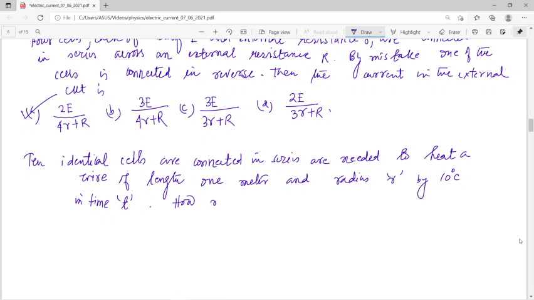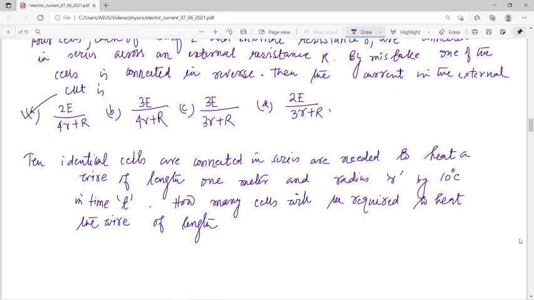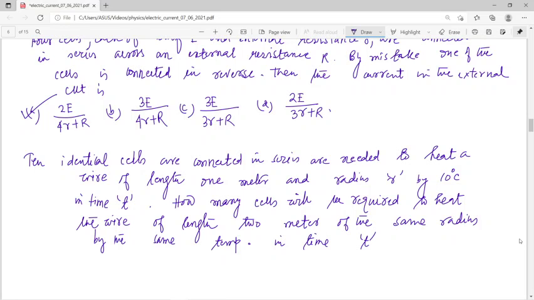How many cells will be required to heat the wire of length 2 meter of the same radius by the same temperature in say time t?